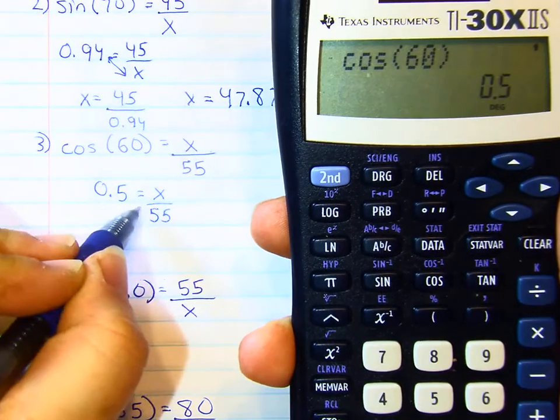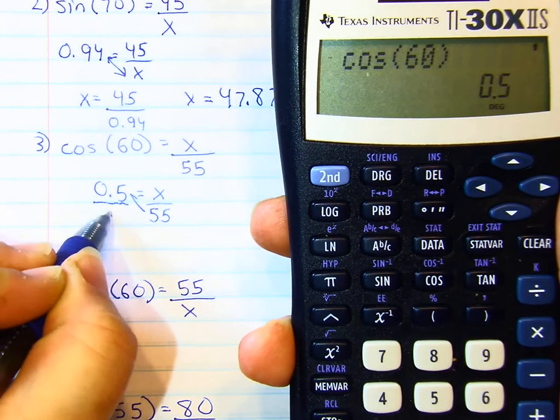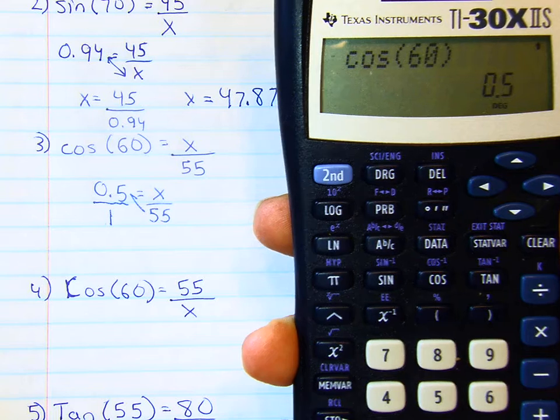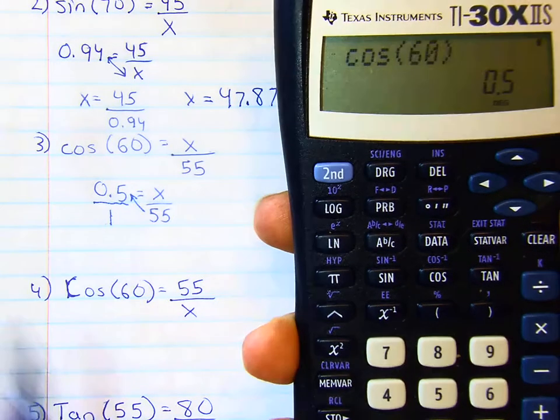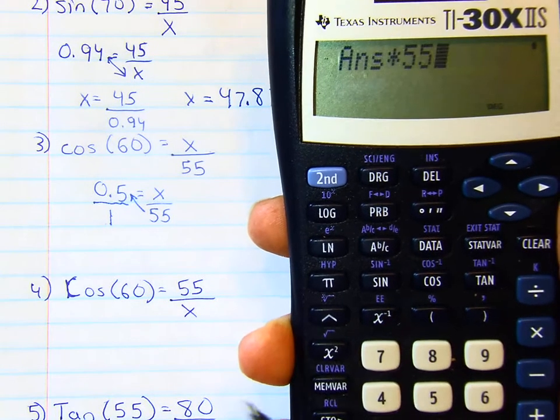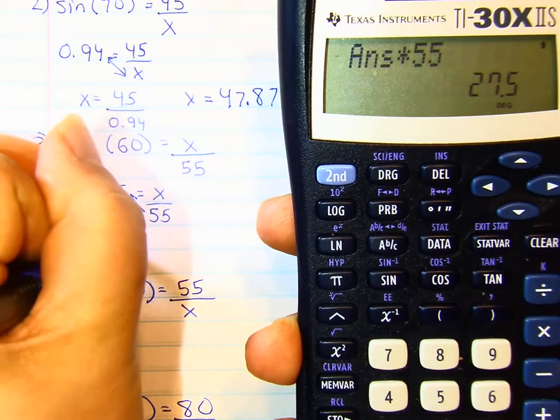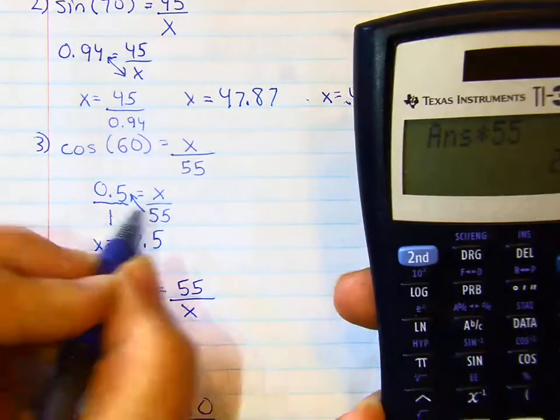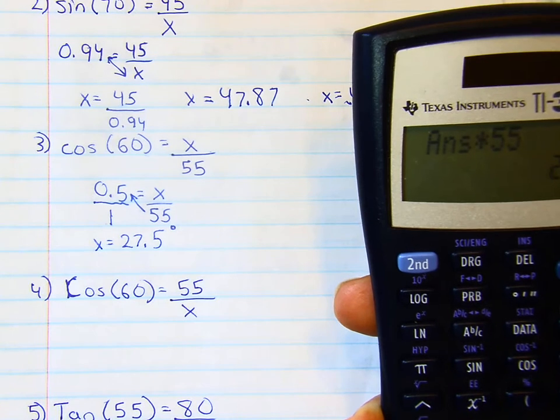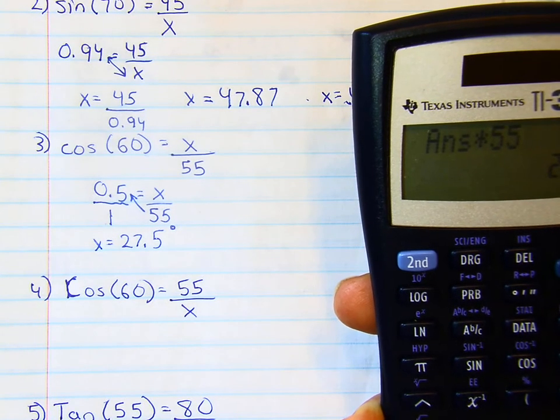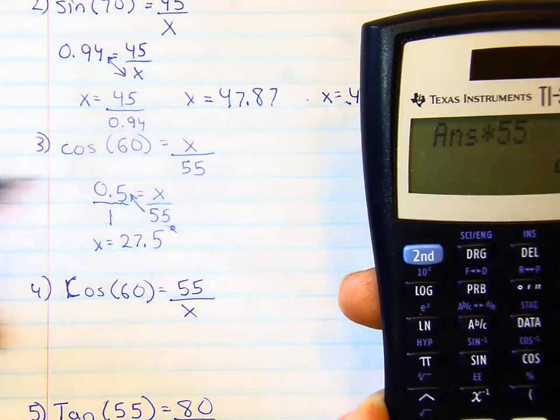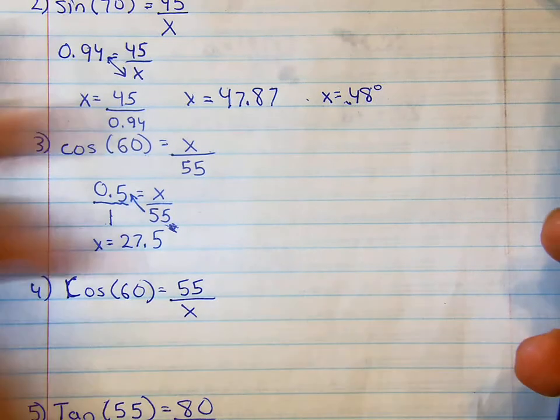To solve for x, you can pretend if you want to that there's an imaginary 1 underneath here. It's perfectly fine. I'm going to multiply by 55. So x equals 27.5. And when this gets into trig, it would just be a matter of being a degree or a side length, depending on what we're looking for. Okay?